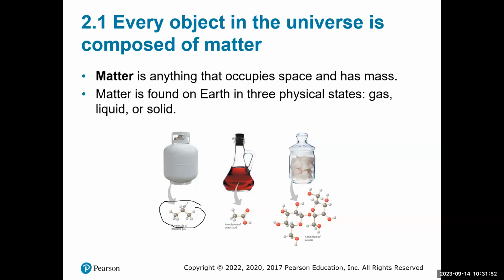In this picture, the big gray ones are carbon, the little white ones are hydrogen, and the big red ones are oxygen. Now I need to move to the next slide, and it doesn't want to let me do that if I have the pencil out.